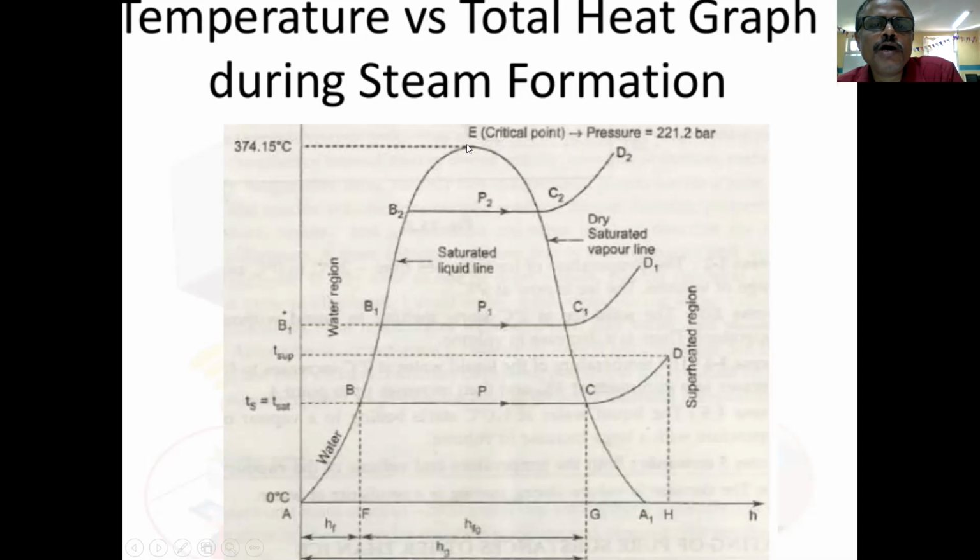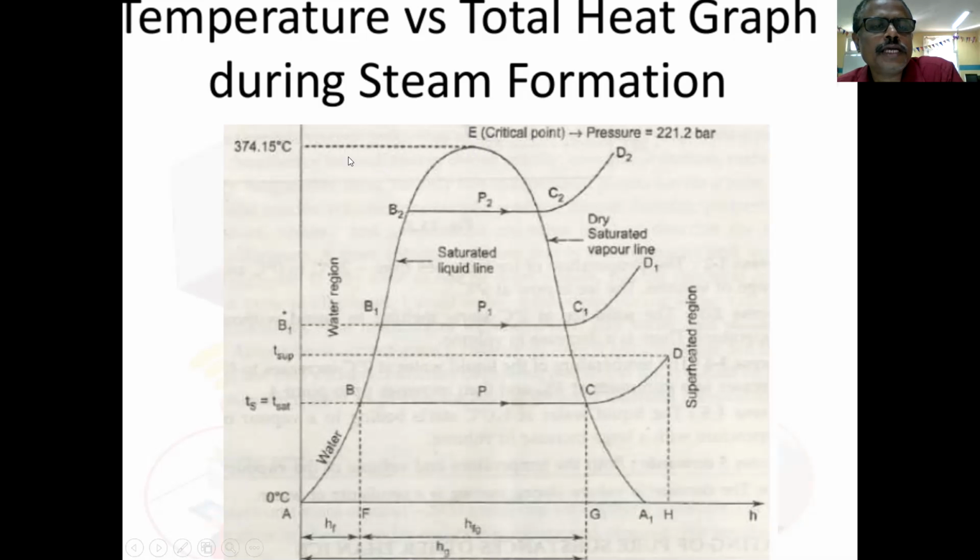That means water starts boiling at 374.15 degrees centigrade. Once the water reaches this critical temperature, immediately the water is converted into steam. Therefore, latent heat of vaporization is 0, and this point E is called the critical point.